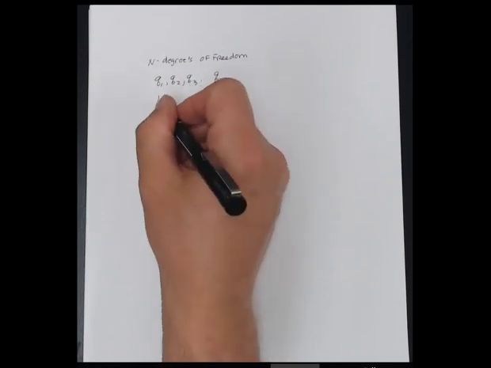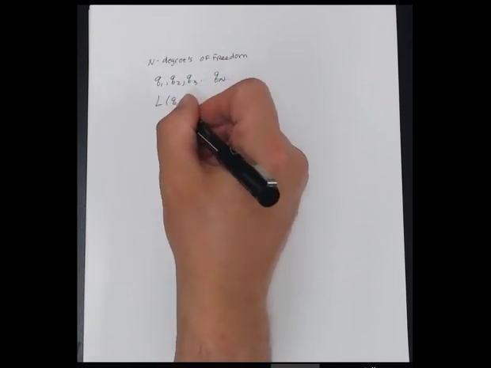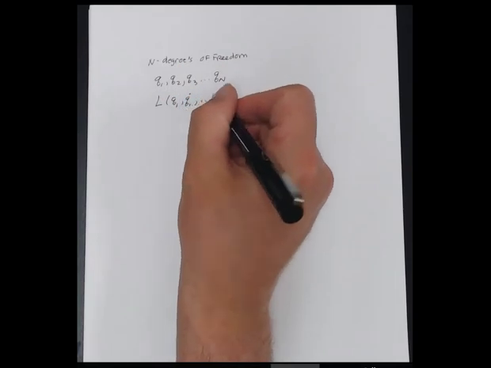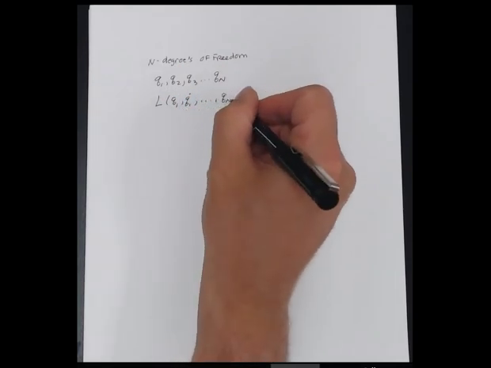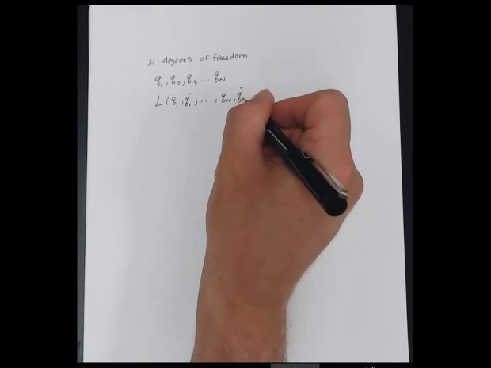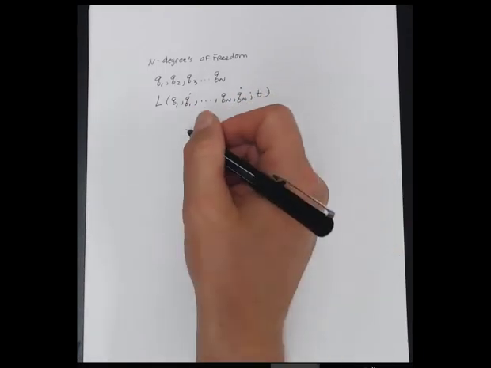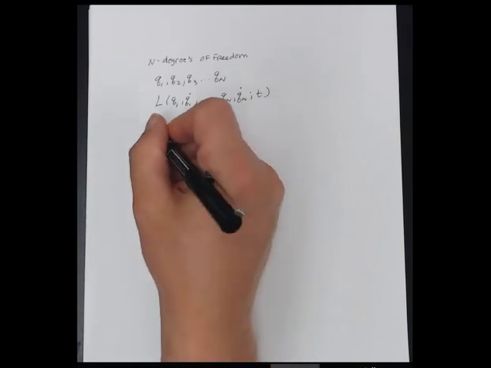We're going to have a Lagrangian written in terms of these coordinates. And we're going to have n Lagrange equations.